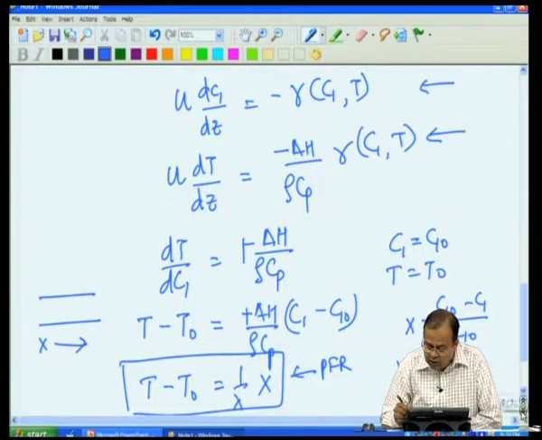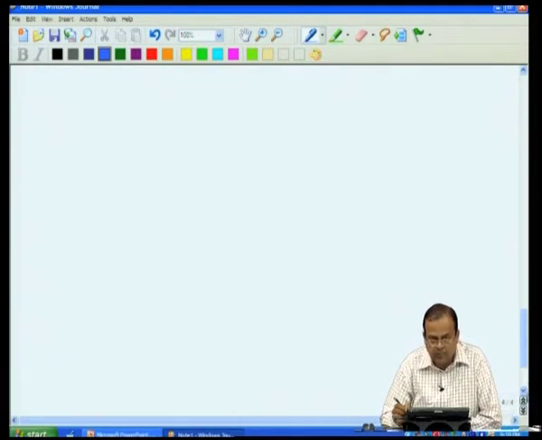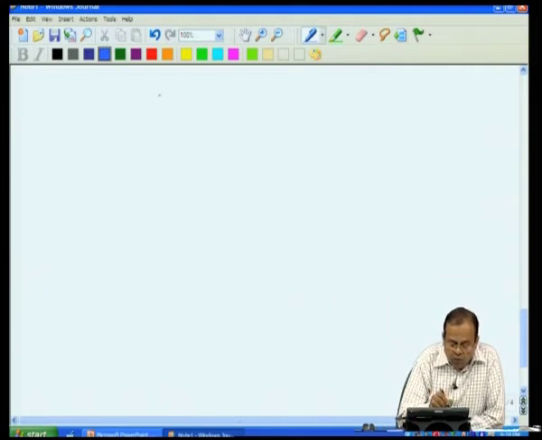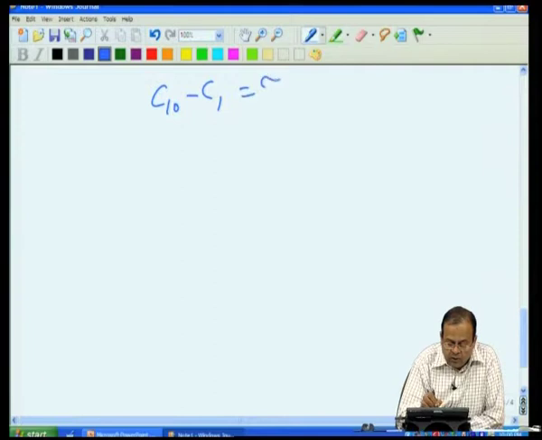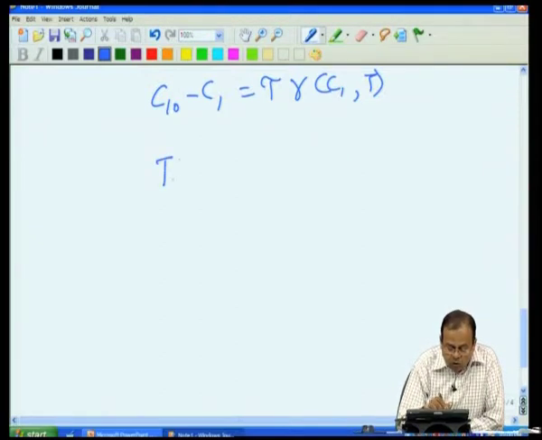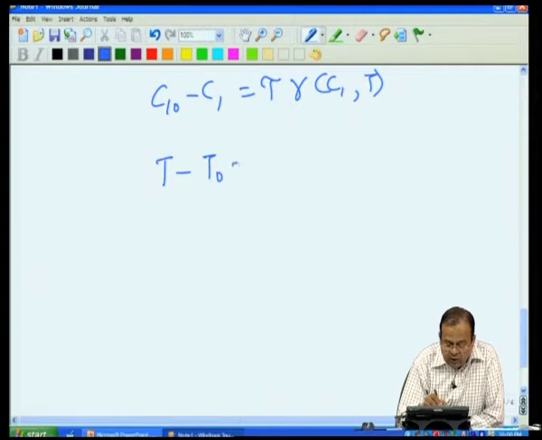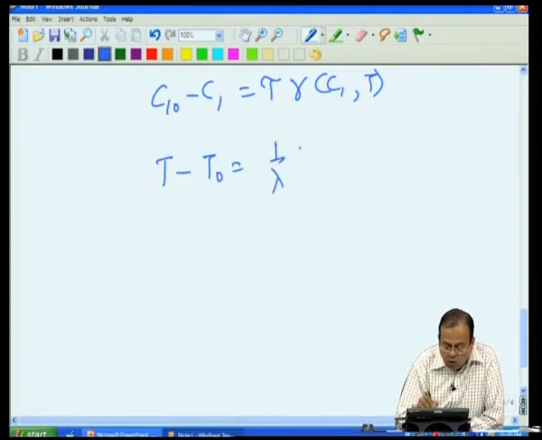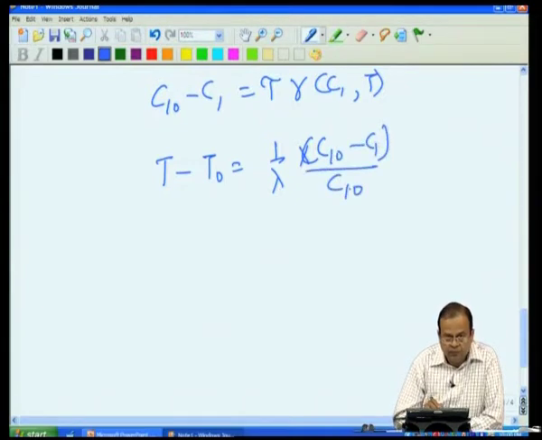So, now how does this help us? Remember, if we look at, for example, the CSTR, we have our balance which is a function of C1 and T, but we also know T is related to the concentration or conversion, which I can write as C10 minus C1 by C10.